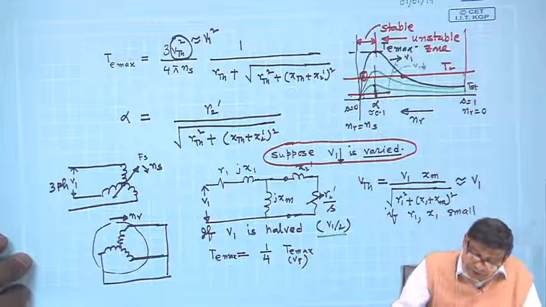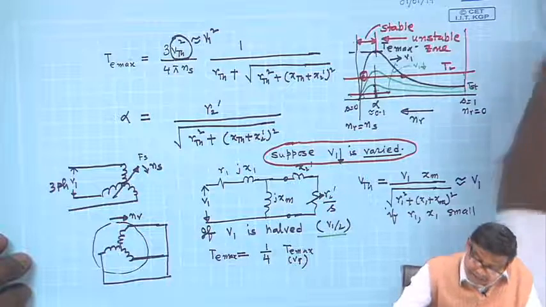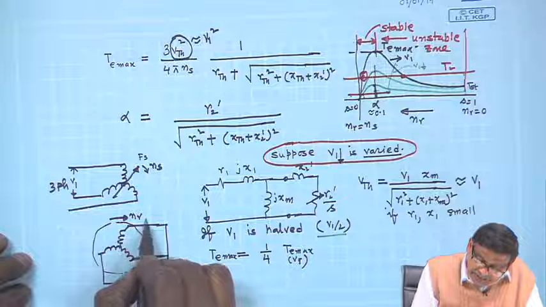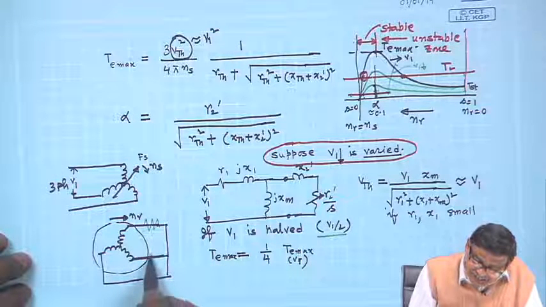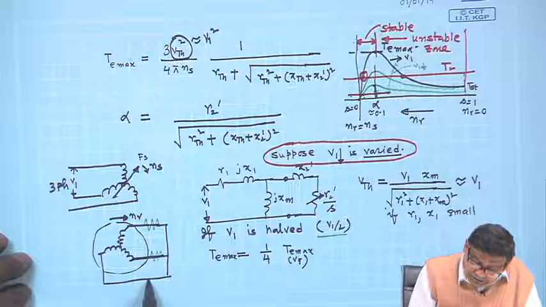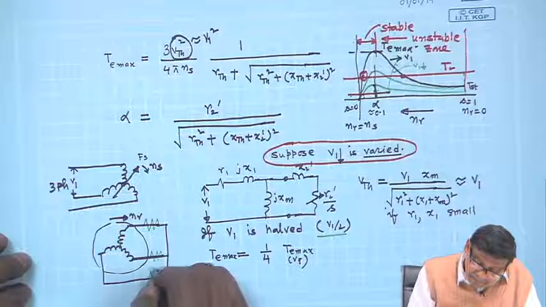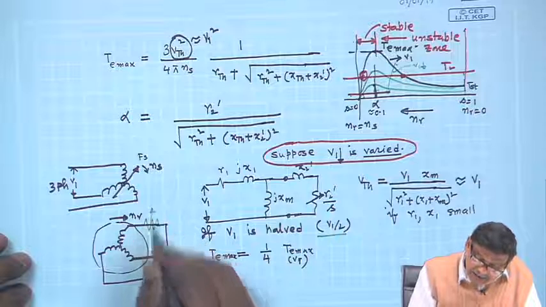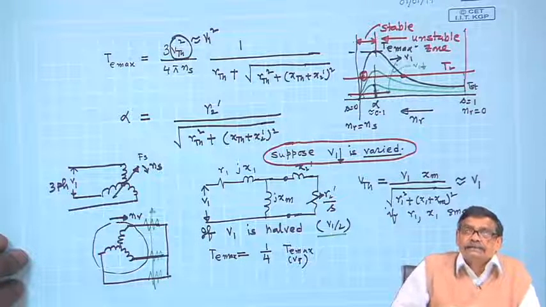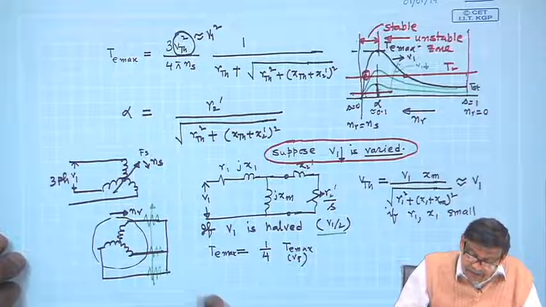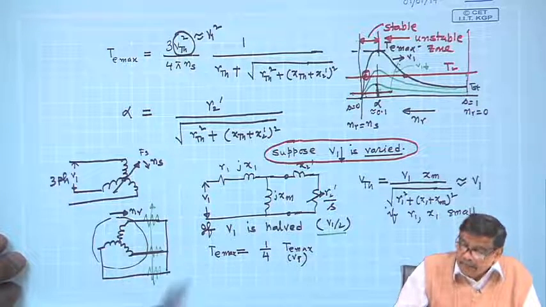Now, the idea is at the time of starting I will connect some resistance in the rotor circuit, because rotor terminals are available. I will connect some resistance in the rotor circuit at the time of starting.